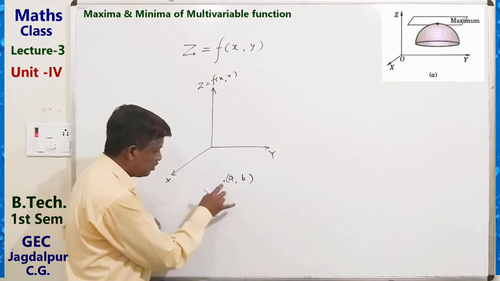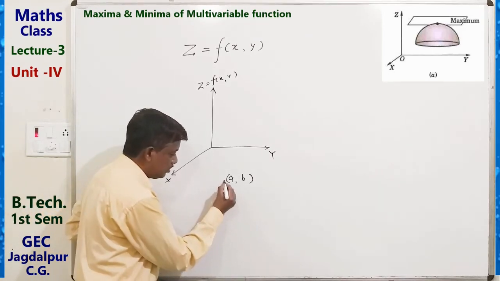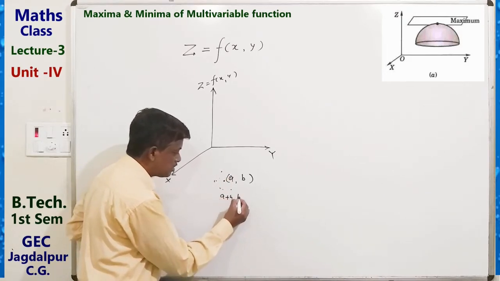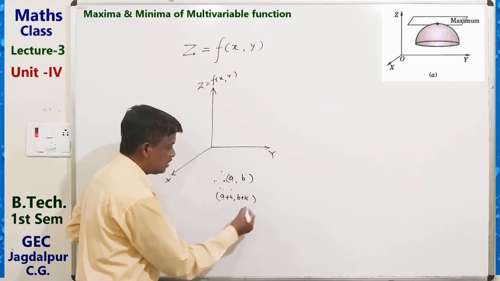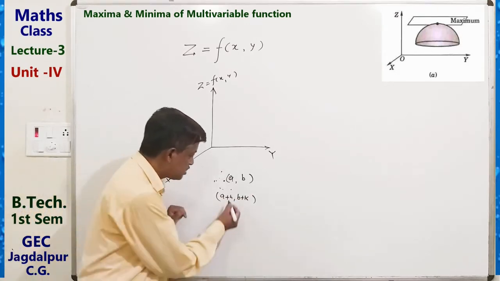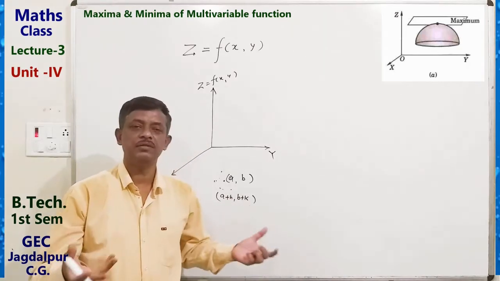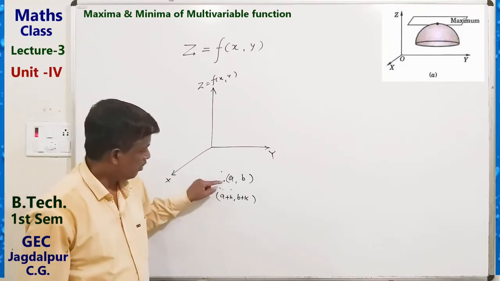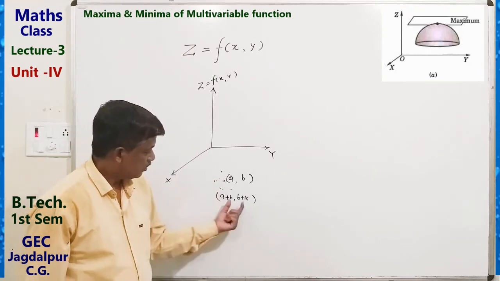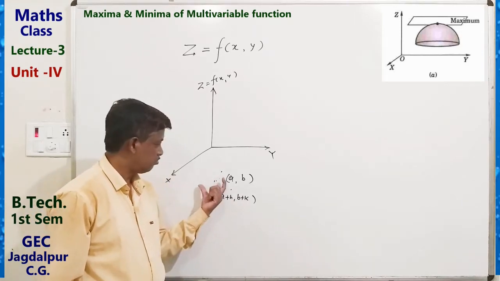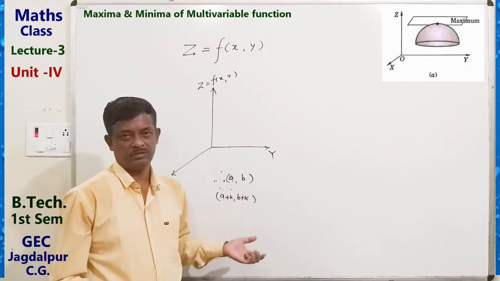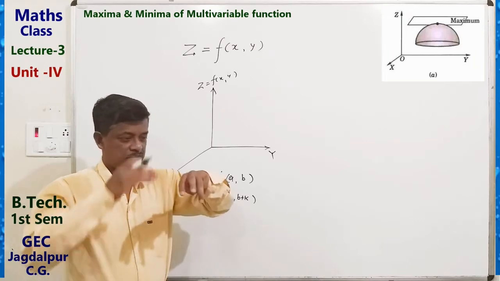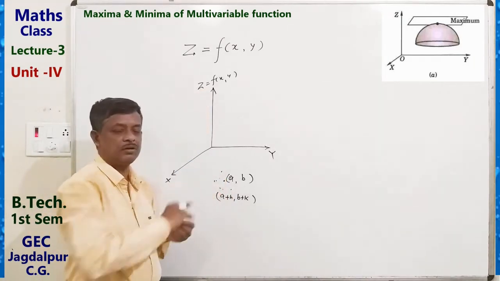Then a neighboring point we can suppose is (a + h, b + k), where h and k may be negative or positive. This is a neighboring point of (a, b), and the size of the neighborhood depends on the values of h and k. For all values of h and k we get other points.